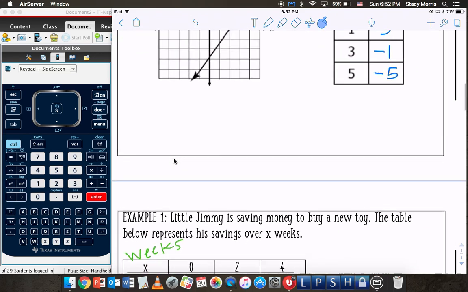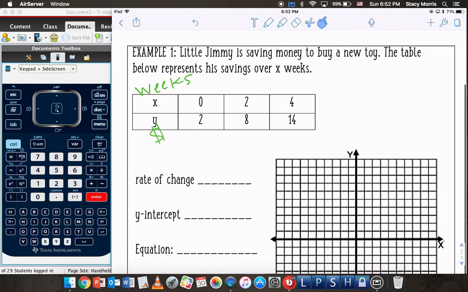But we want change in y divided by change in x. I'm going to go back down to my example here. So I'm going to find his change in y divided by his change in x. I'm going to write it like this. Change in y divided by change in x. So if I look at his y, right here, from 2 to 8, if you don't know what that change is, you would subtract. You would do 8 minus 2.